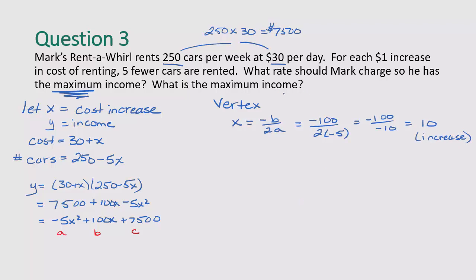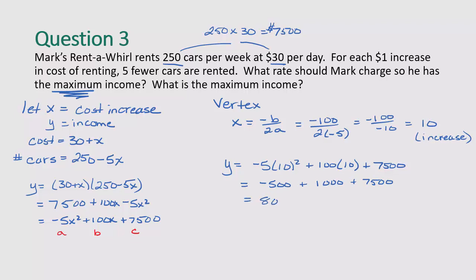So what is the maximum? I have to find my Y value. So minus 5 times 10 squared plus 100 times 10 plus 7,500. So minus 5 times 100 is minus 500 plus 1,000 plus 7,500 gives us 8,000.